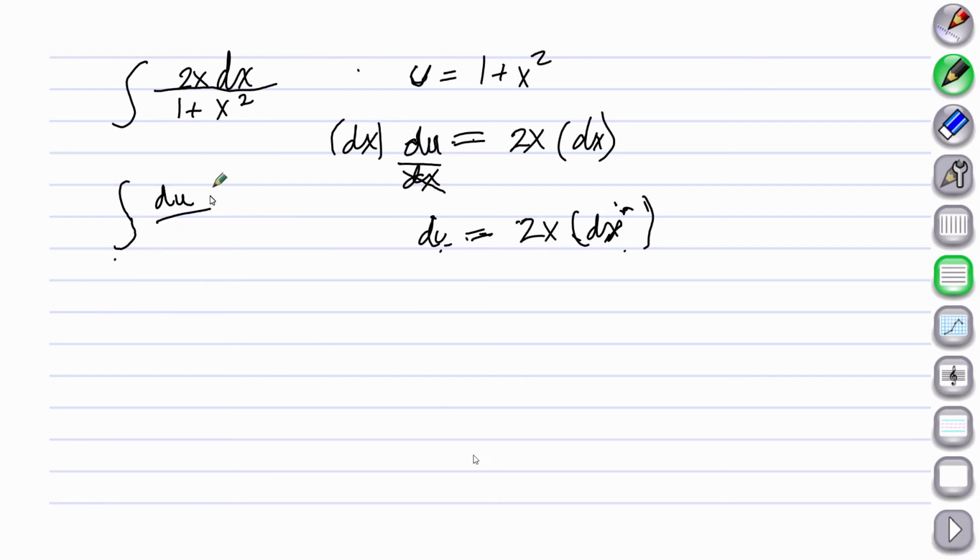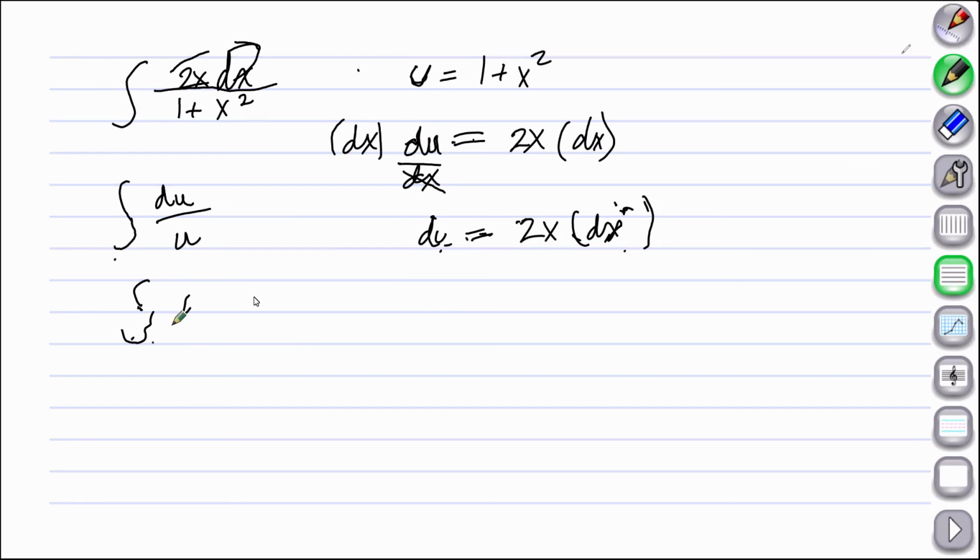Over u. See, now all of a sudden this has more meaning to it. This stands for du, and this stands for u. And we're going to explain this a little bit more tomorrow. So this is maybe more or less in the form 1 over u du.